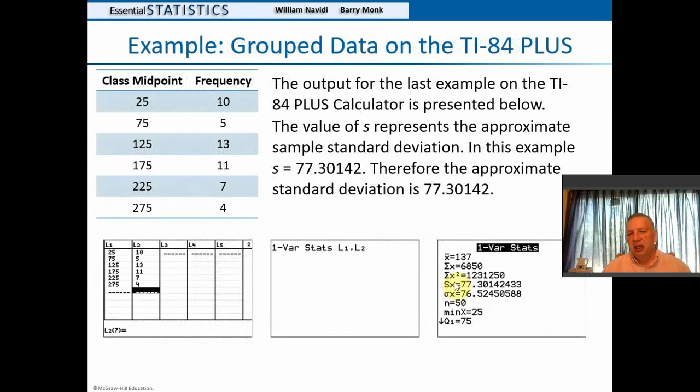And then we'll be able to get whether it's the sample standard deviation or the population standard deviation. And here are the midpoints that they're using in the L1 list, and the L2 list is the frequencies from our data.